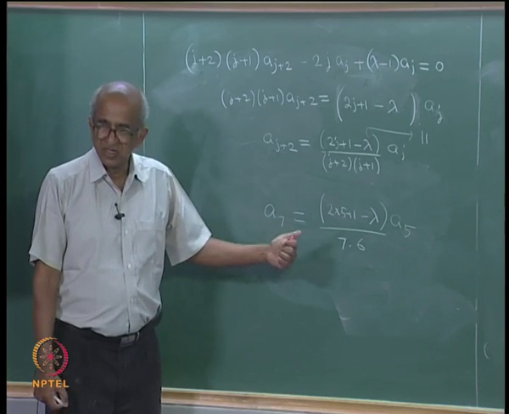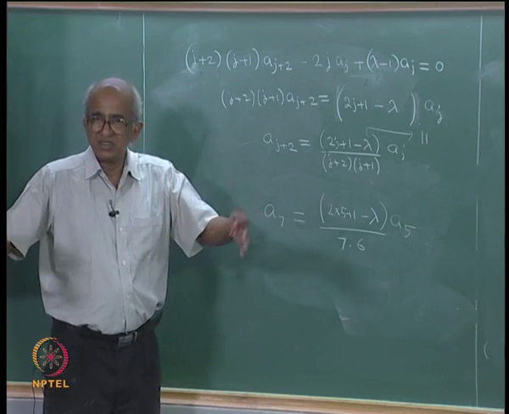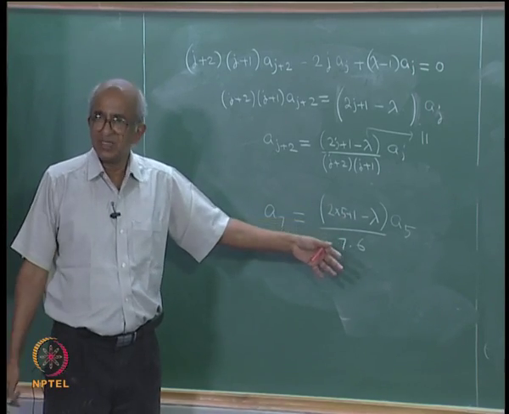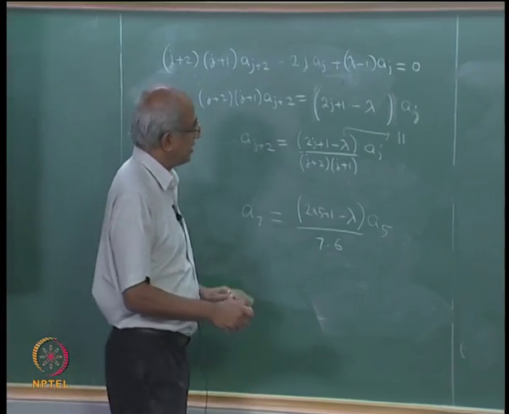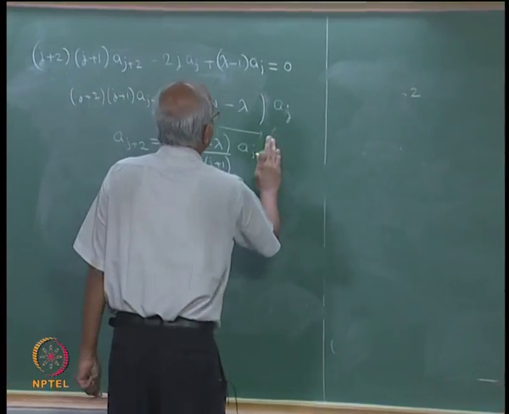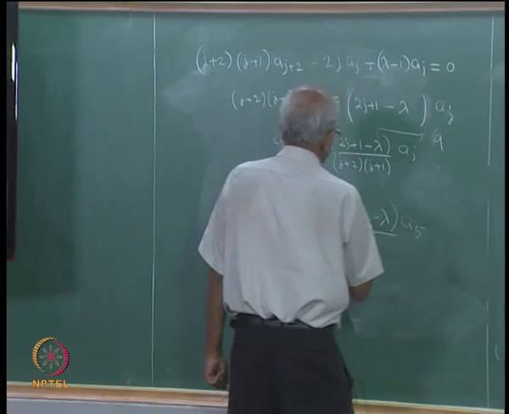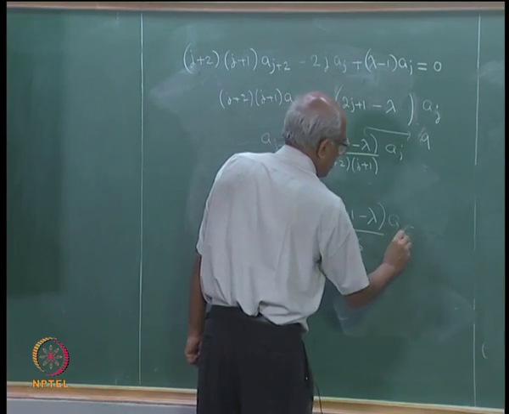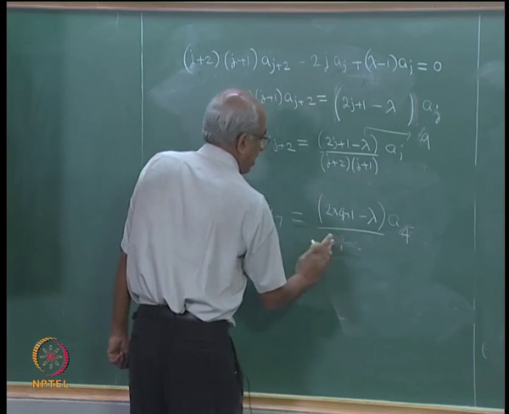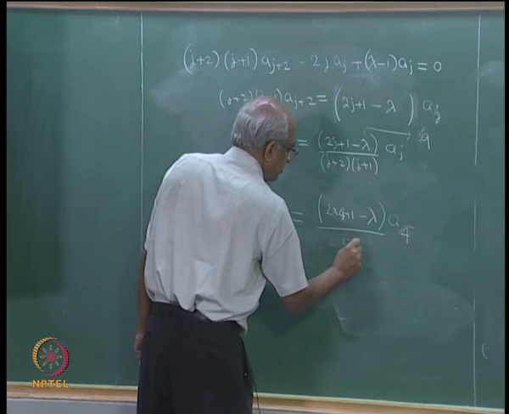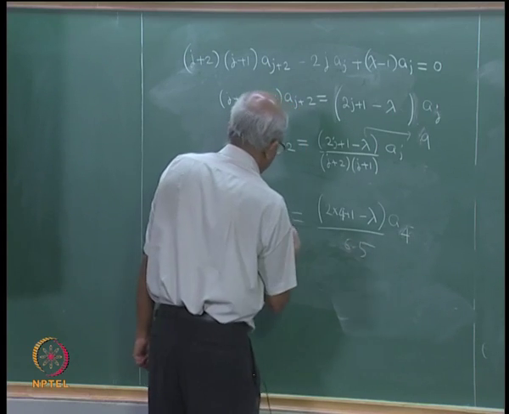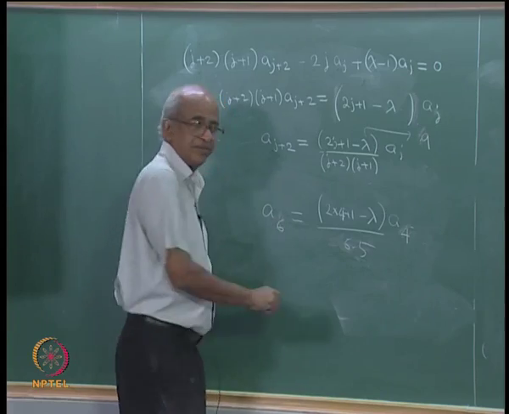I was actually saying that I am concerned with the even series, and now suddenly I switched over to the odd series. It is better that I say lambda is equal to 9 suppose. Then what will happen is that I will have 2 into 4 here, and I am thinking of a4, and 6 into 5, and this will be a6.